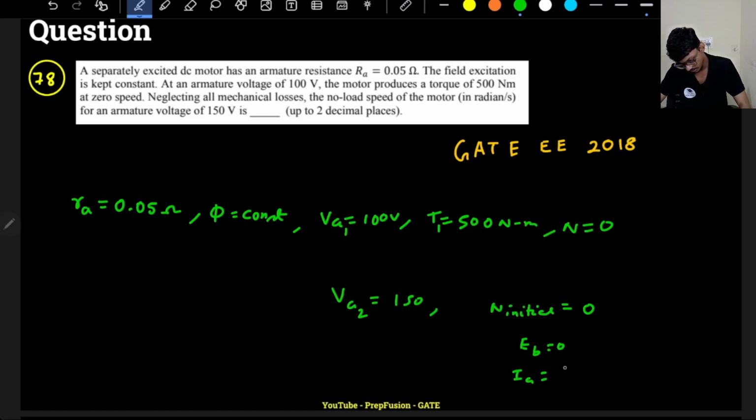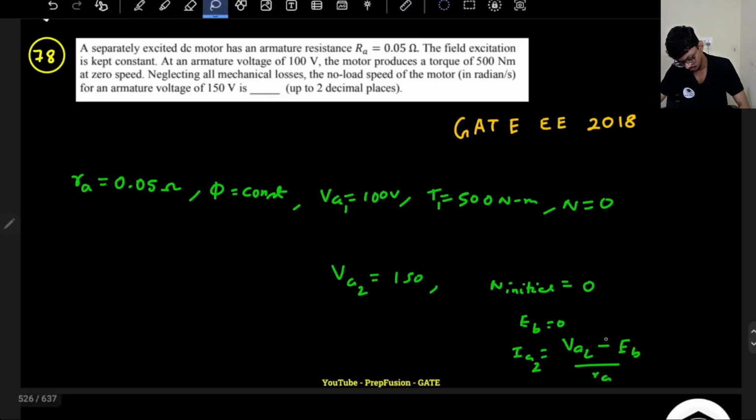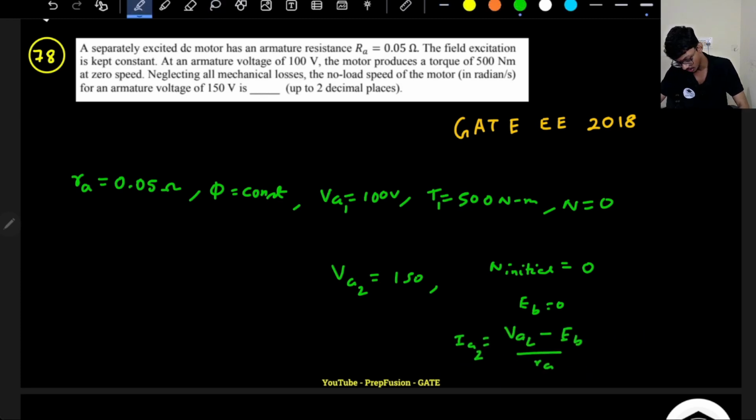IA2 will be (VA2 minus EB) by RA, and EB is 0, so it will be VA2 by RA.